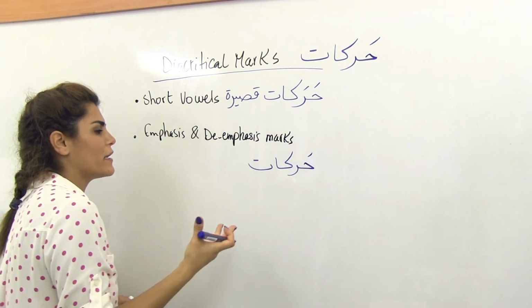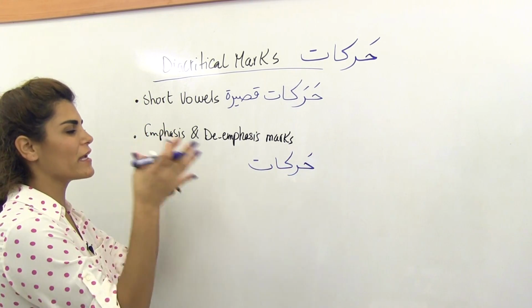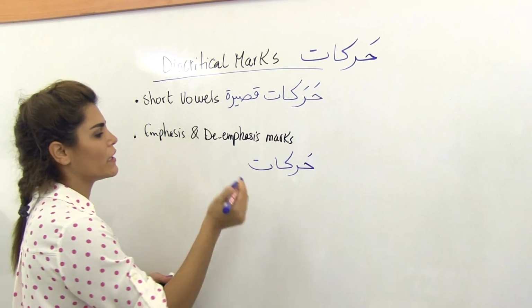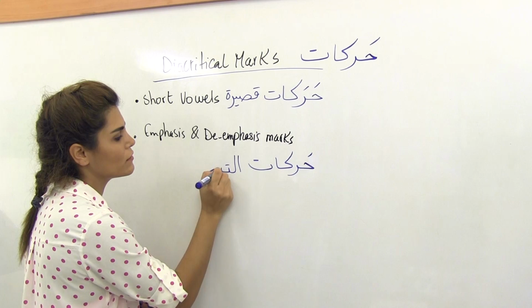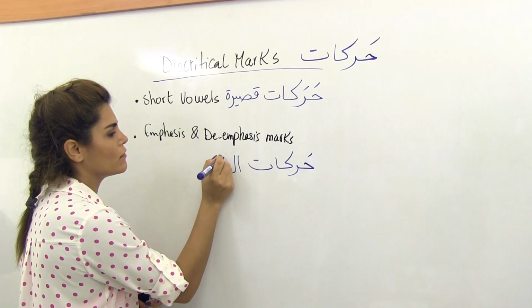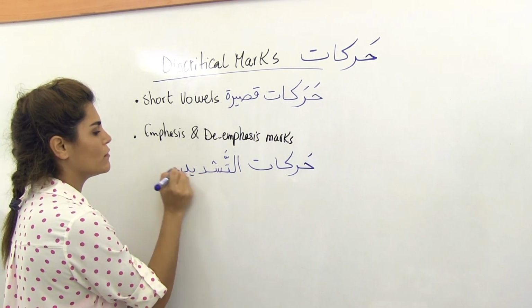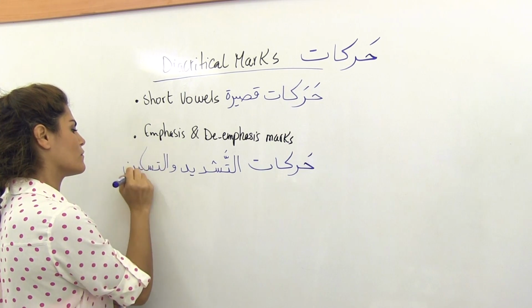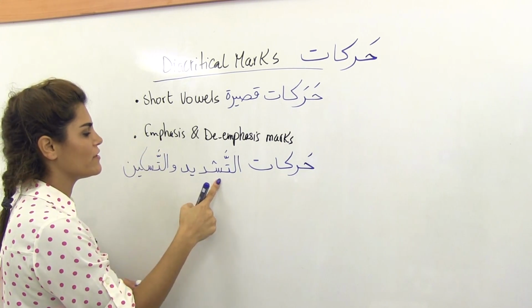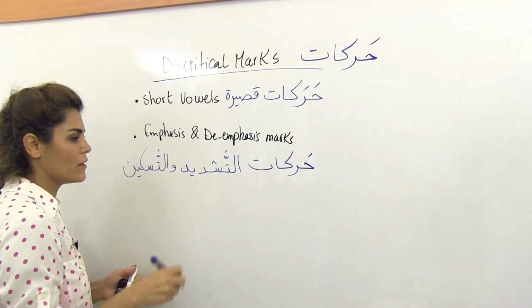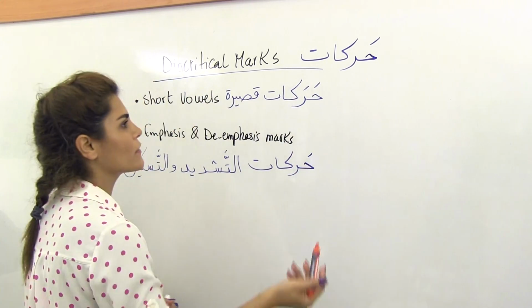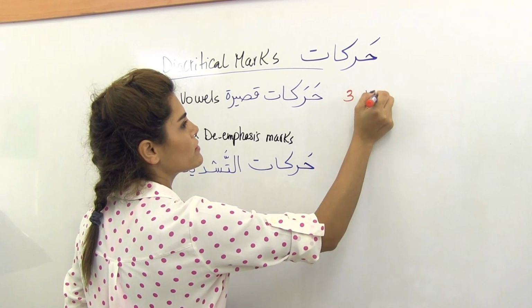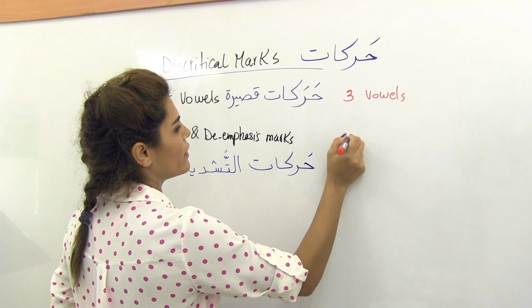Actually, I call them حركات, though they are not actually حركات, because حركات means movements, but I will just call them حركات التشديد والتسكين. Emphasis and de-emphasis. And we have here 3 vowels, and here we have 2.